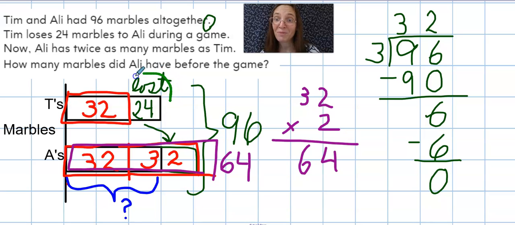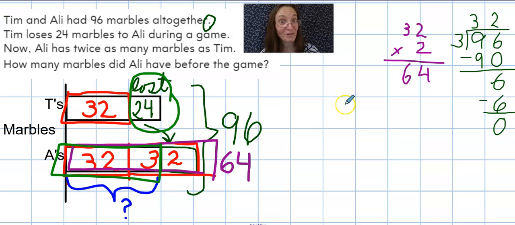But then I have to remember that Tim started out with 24 more marbles than he ended with. So I'm going to take 64 and subtract these 24, giving them back to Tim, and doing that will help me figure out how much Ali had to begin with. Whew! All right, so I realized I need a little bit more workspace, so I moved our first two equations off to the side.